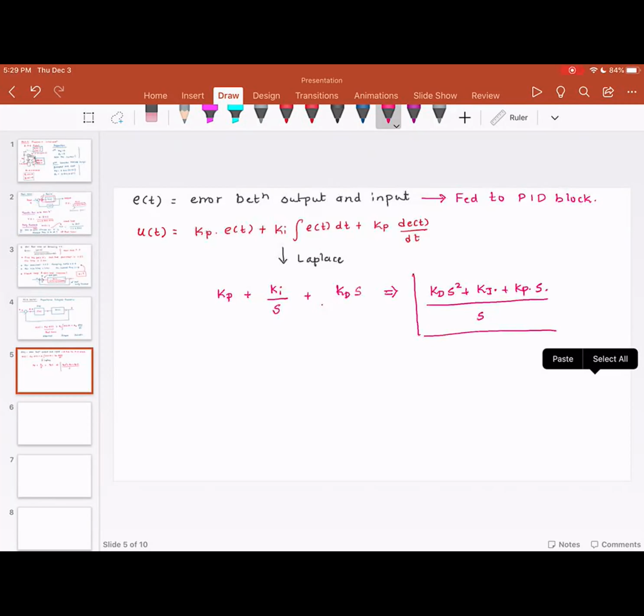This is the transfer function of PID. This is called as transfer function of PID.